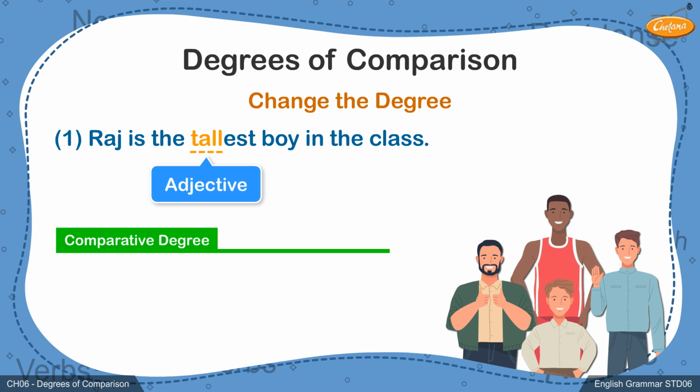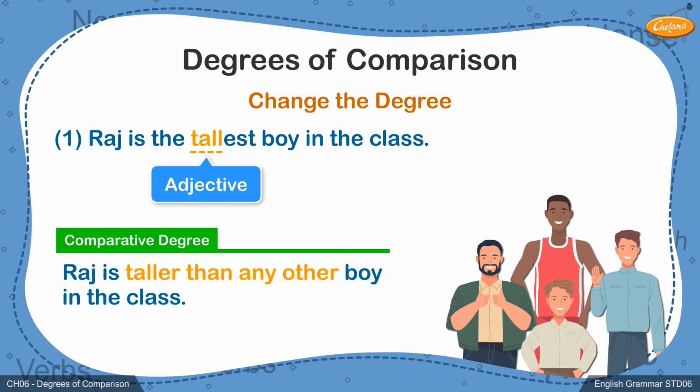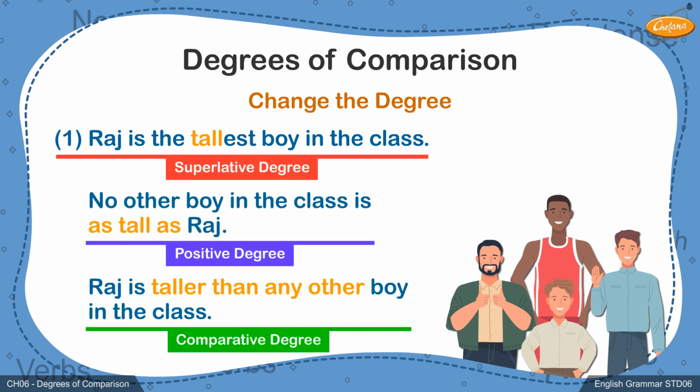In comparative degree, the adjective tall will be written as taller than any other. The statement in comparative degree would be, Raj is taller than any other boy in the class. Students, you will notice that in all three degrees, the meaning of the sentence remains the same.